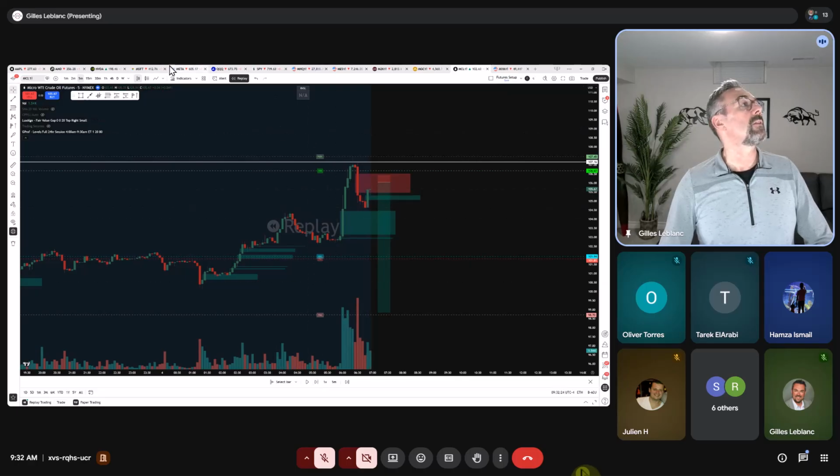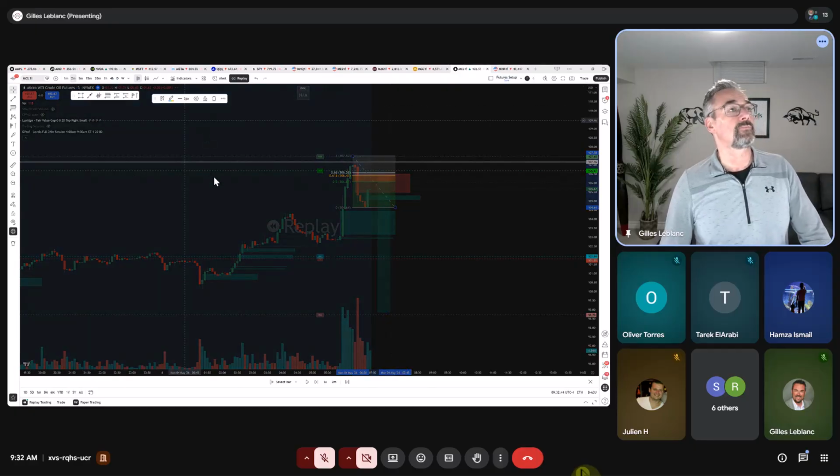You could tell that the impulse move started at the top, pre-market high here, and then we started reversing here. So once we started reversing, I was working out and doing stuff. I put an alert here at 106 or whatever the area is right here. And then I zoomed into the 2-minute.